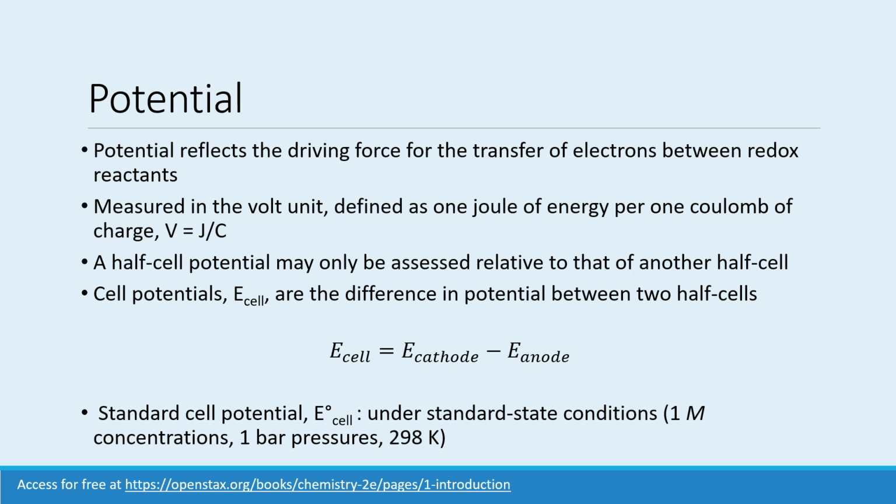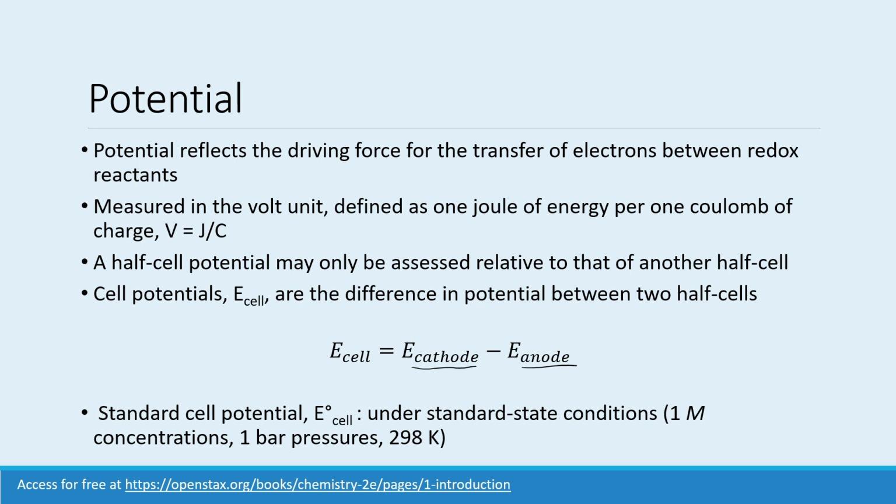And what's important here is that you always take the potential of the cathode minus the potential of the anode. Okay, and this is opposite of that cell notation, right? So cell notation always had the anode written first, cathode written second, or at the end. And so with a cell potential calculation, it's going to be opposite, right? Cathode minus the anode.